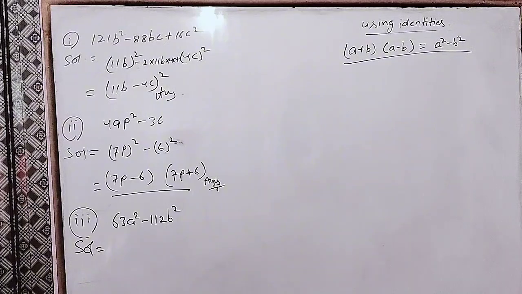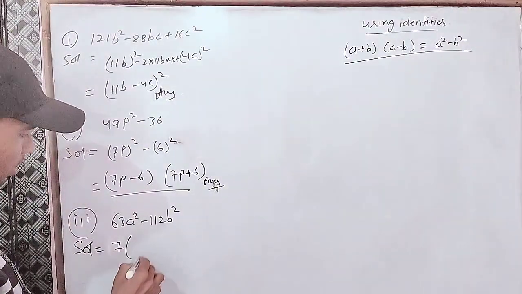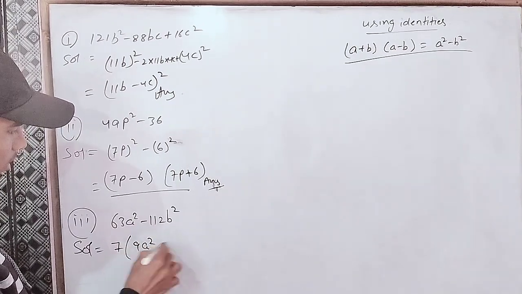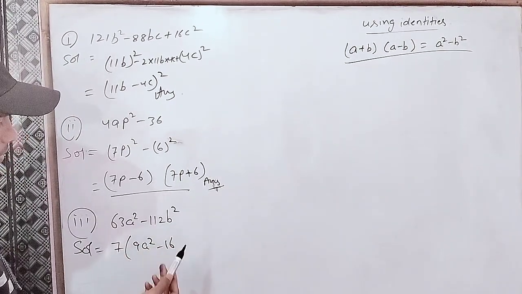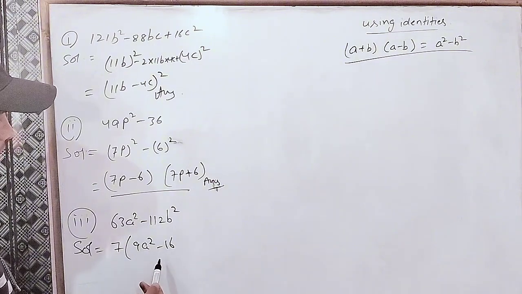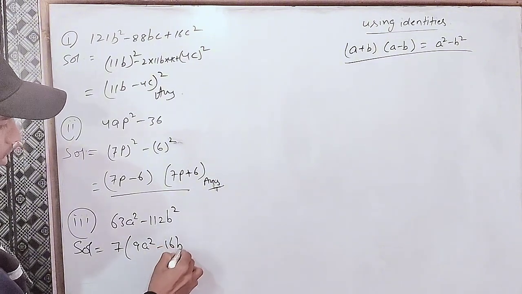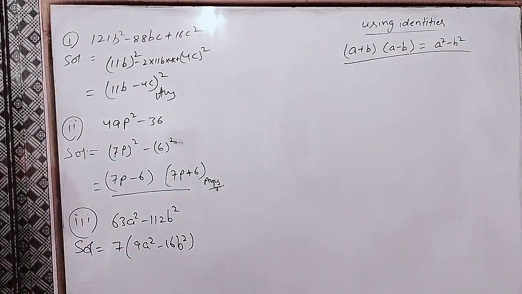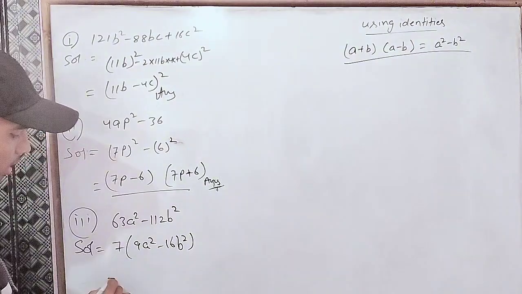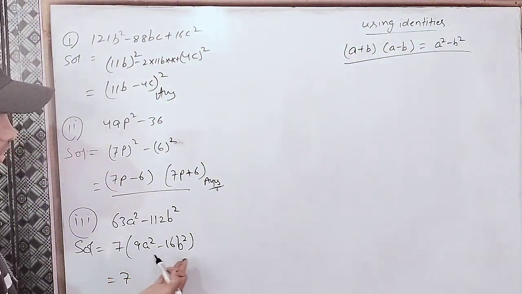That product is 7. 7 9s are 63, then 7 16s are 112. Clear? 7 will be written as it is, and then we have a square minus b square.